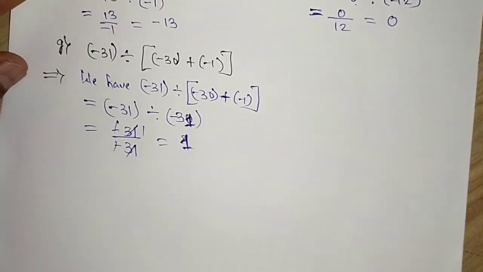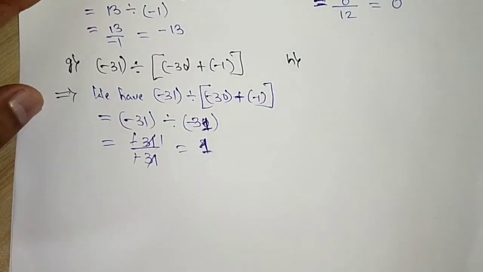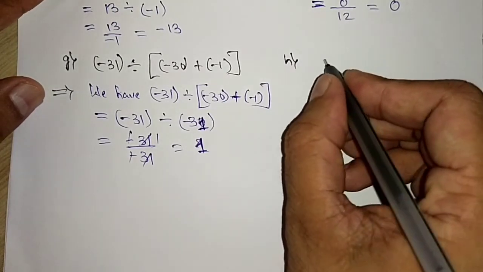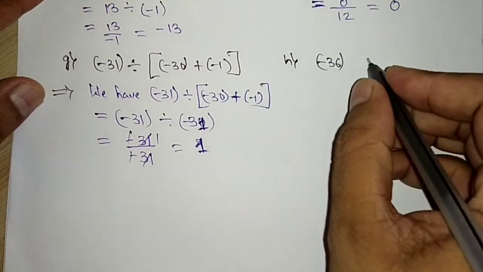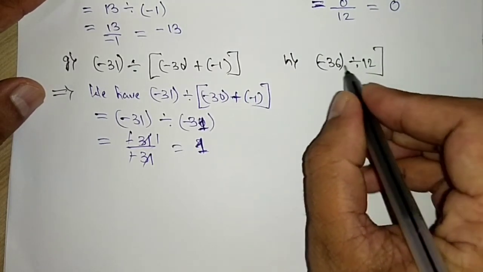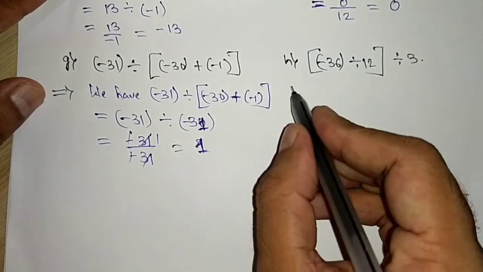Now part H. Let me write it down first. Minus 36 divided by 12, which is in the bracket, and then again divide by 3.